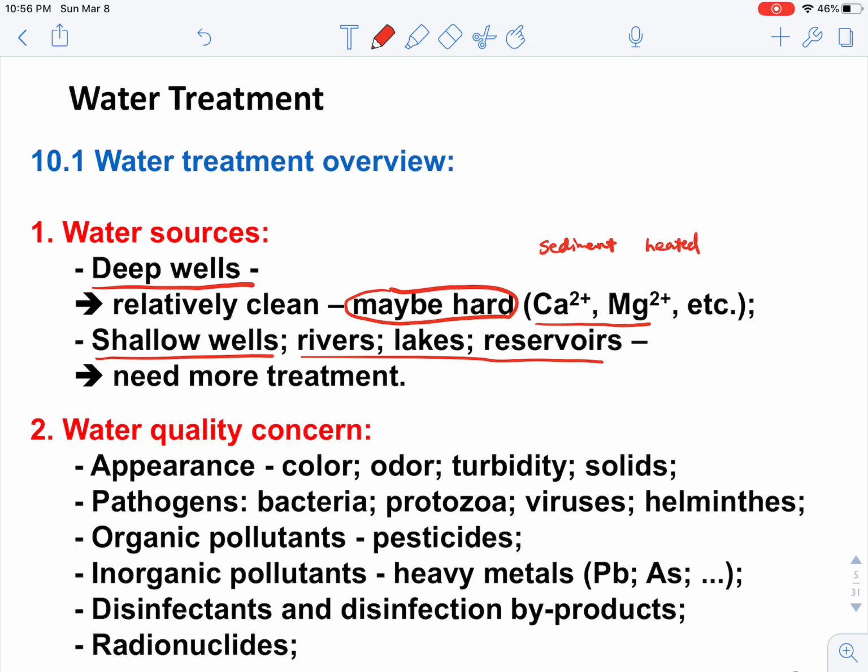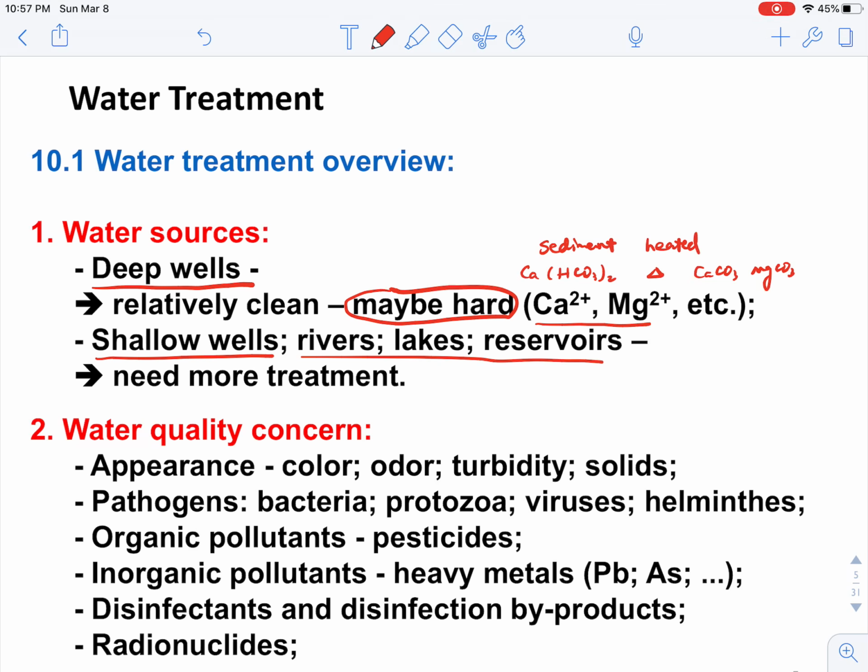And specifically, these ions are dissolvable when they combine with the bicarbonate ion. For example, calcium bicarbonate or magnesium bicarbonate, they're soluble in water. But when they're getting heated, they'll turn into solids, for example, calcium carbonate or magnesium carbonate.